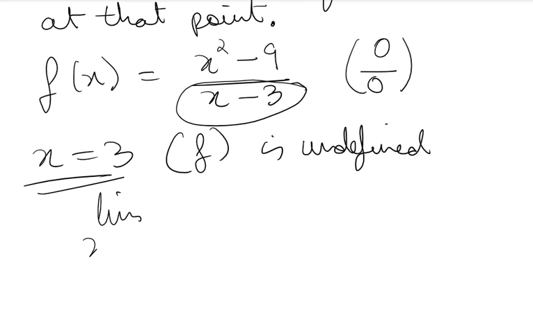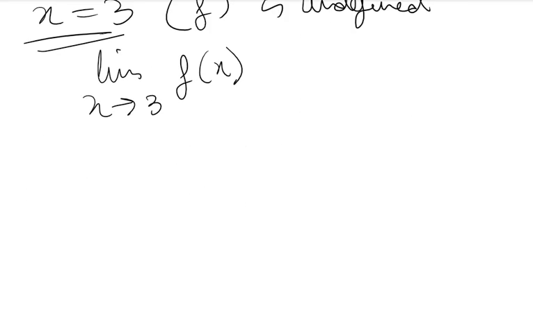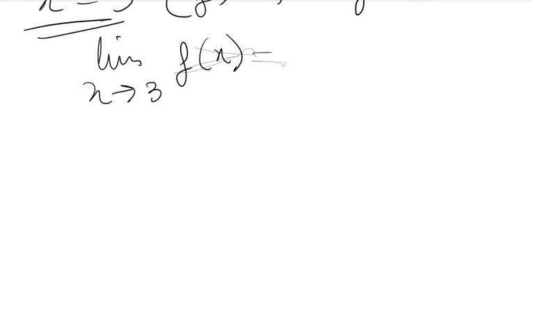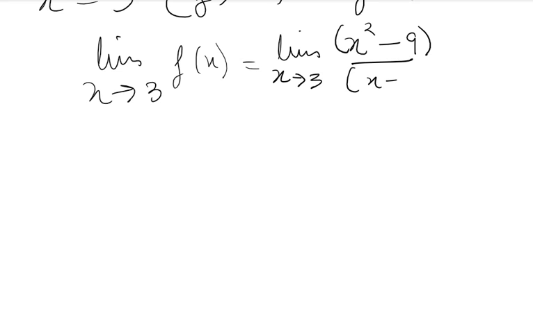So the limit as x tends to 3 of f of x is equal to the limit as x tends to 3 of (x square minus 9) divided by x minus 3.